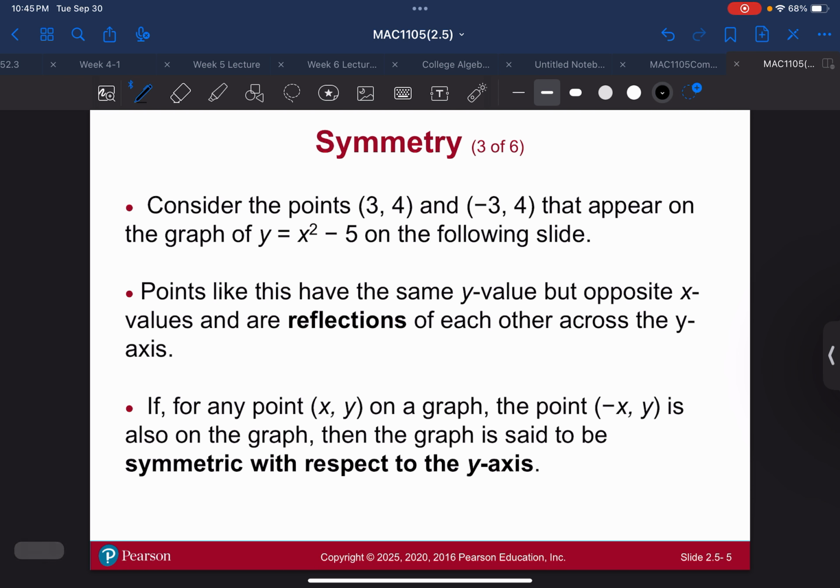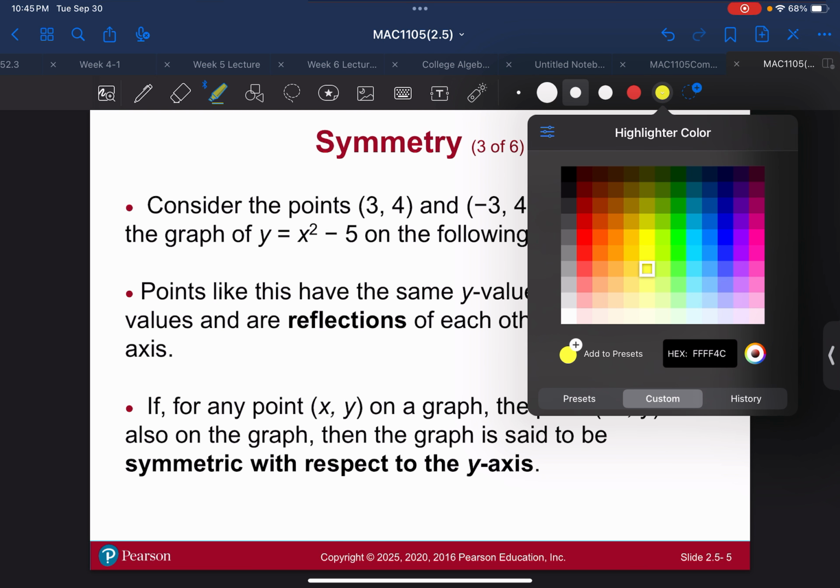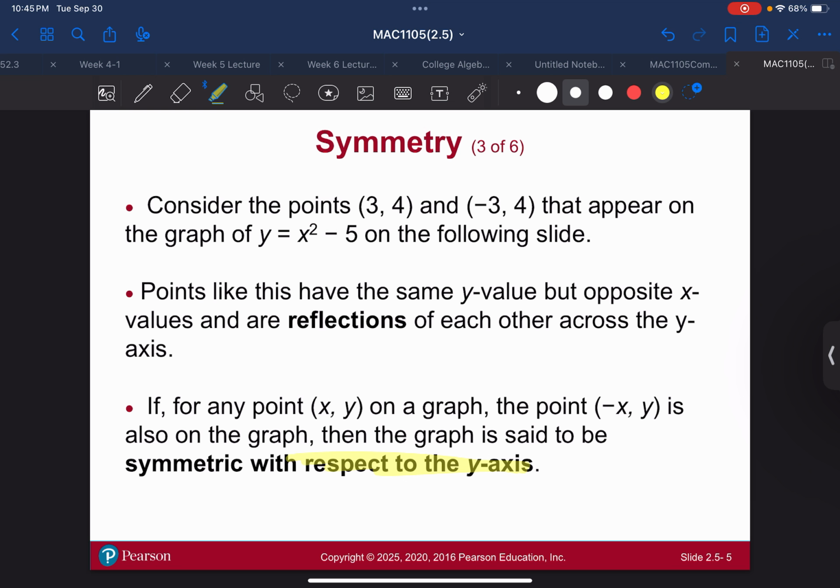The next type of symmetry we're going to talk about is whether functions are symmetric with respect to the y-axis. So in order to tell if a graph is symmetric to the y-axis, the points are going to be very similar to what we were just talking about.